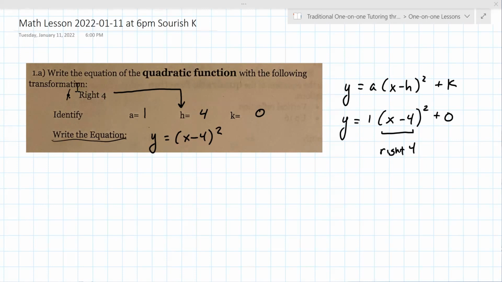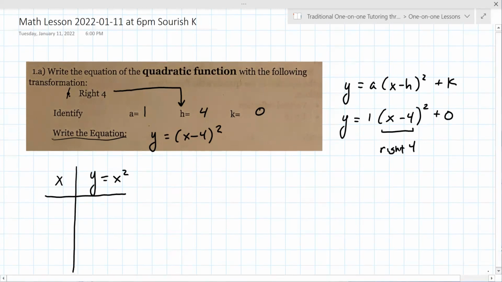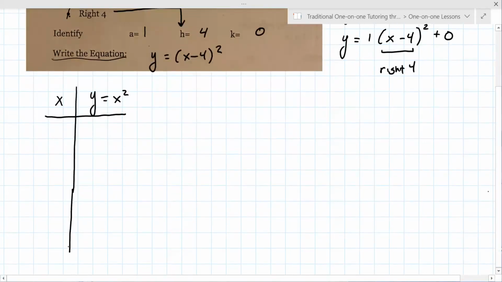Okay, so before we can do part B, we need to talk about the parent function. So if y equals x squared, do you remember the table of values for this? Do you remember what goes over here on the right?